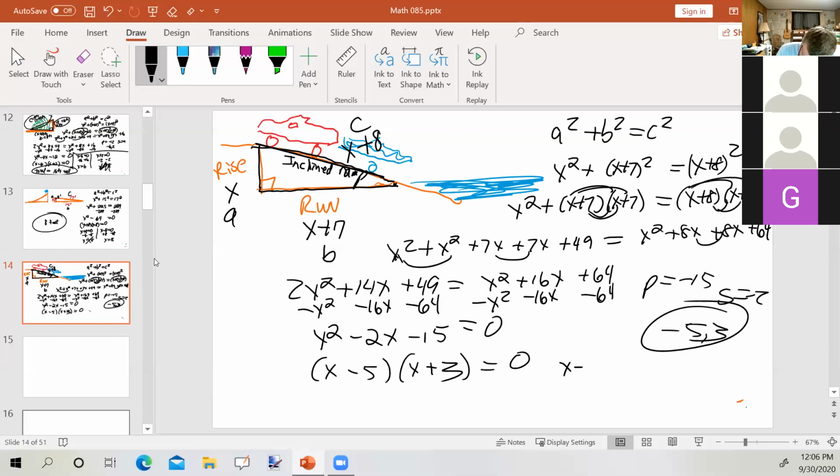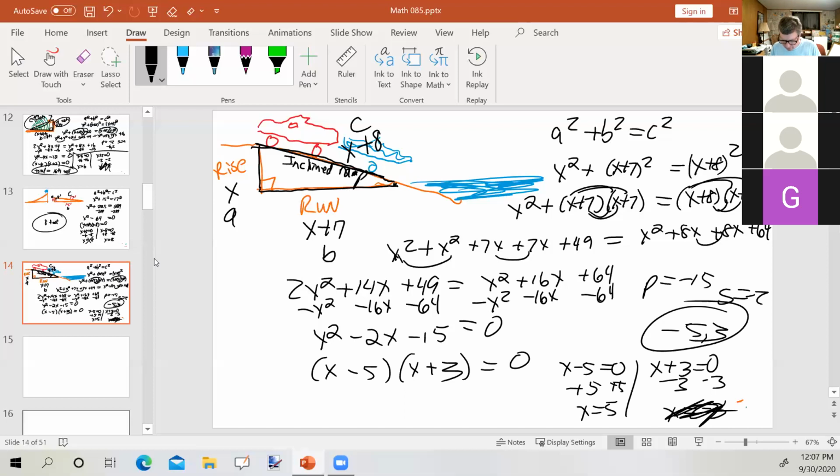So x minus 5 equals 0, and x plus 3 equals 0. Adding 5 to both sides, x is 5. Subtracting 3 from both sides, x is negative 3. The question said, find the length of each side of the ramp. It can't be a negative distance, so that one goes. So if x is 5, the rise is 5.